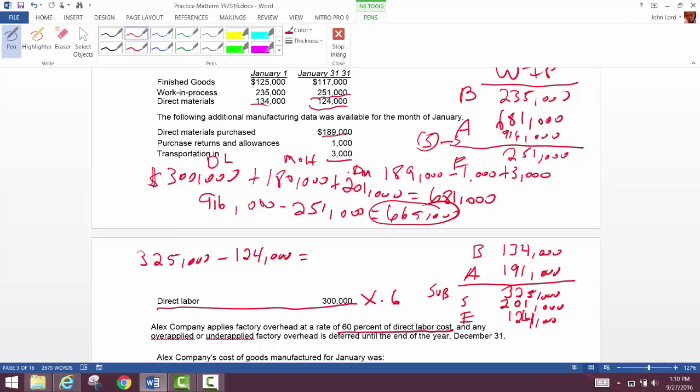But 665,000 as being the manufacturing cost, that's true. But that's not the way I would do that. No, it won't always give you the same answer. You gave me direct materials, direct labor, and manufacturing overhead, right? Which is the manufacturing cost, but it's not the cost of goods manufactured. So it just must have turned out in this problem that they were the same number.